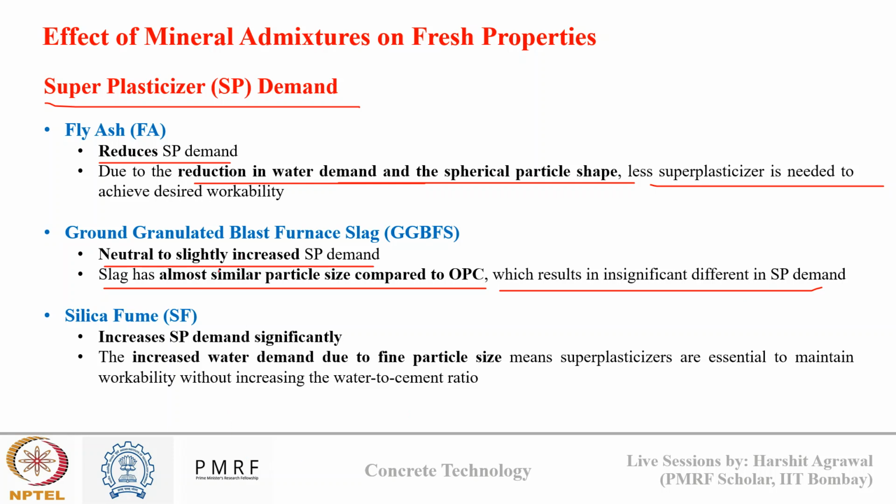But there can be a slight increase if there is a reactive medium presence in which it can show latent hydraulic ability. However, with silica fume, SP demand is increased significantly due to increased water demand due to its fine particle size, which makes more requirement of superplasticizer to maintain workability.